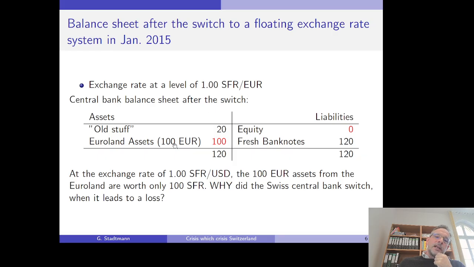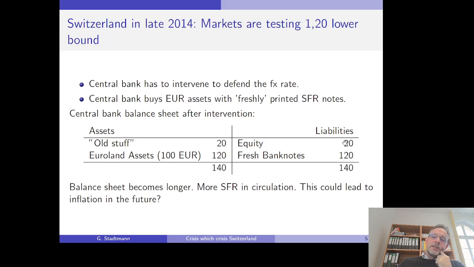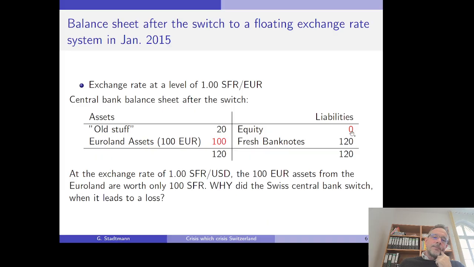The Euroland assets of €100 now only have the value of 100 Swiss franc. So the left-hand side of the balance sheet decreases. The assets have a lower value, and the central bank is making a loss of 20 Swiss franc, so that the equity of the Swiss central bank is wiped out completely.